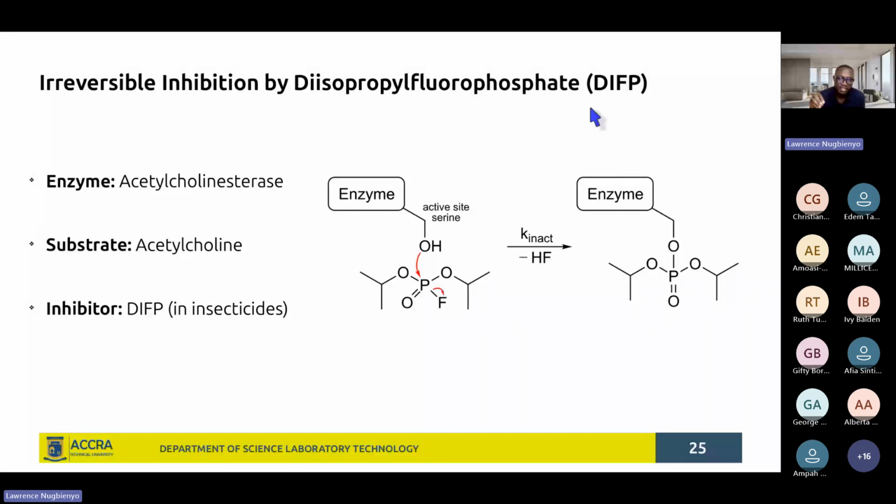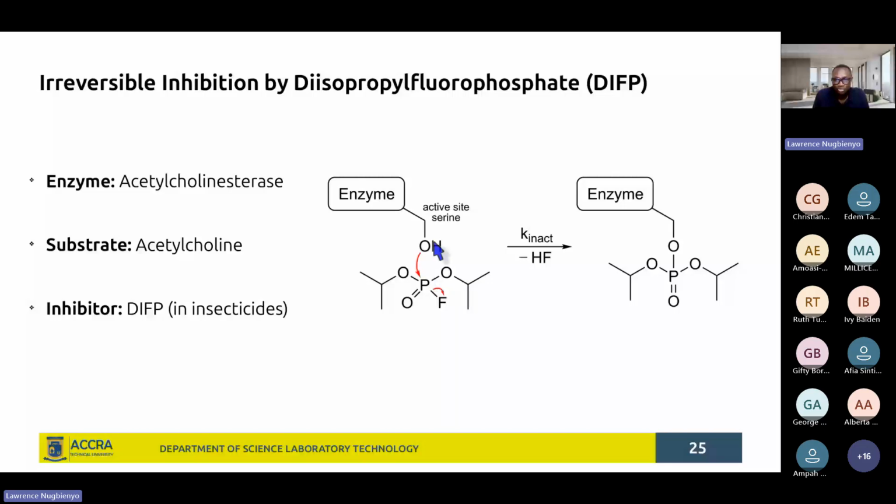We saw that already, involved in the contraction and relaxation of muscles. So what it means is that it's actually acting on the nervous system. So this DIFP will be inhibiting the enzyme acetylcholine esterase, but in this case, it binds covalently to the enzyme.